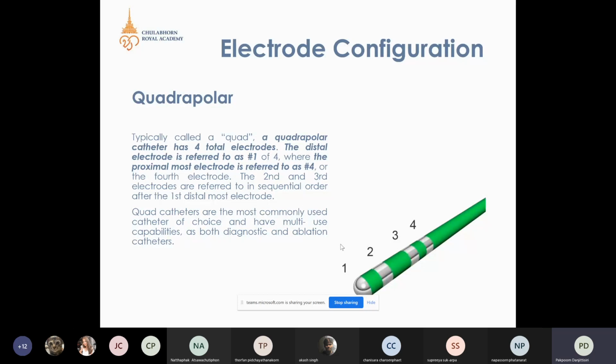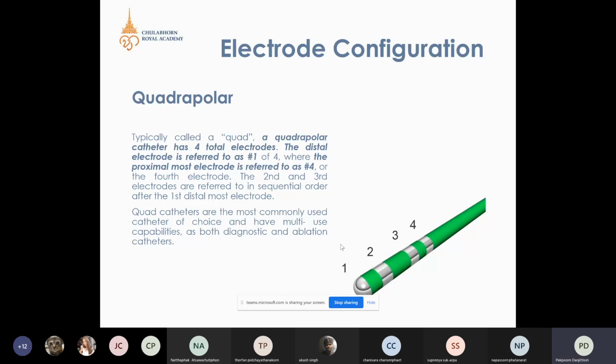In the laboratory, there are multiple electrode configurations to choose from, and definitely that choice must depend on the suitable way to use.